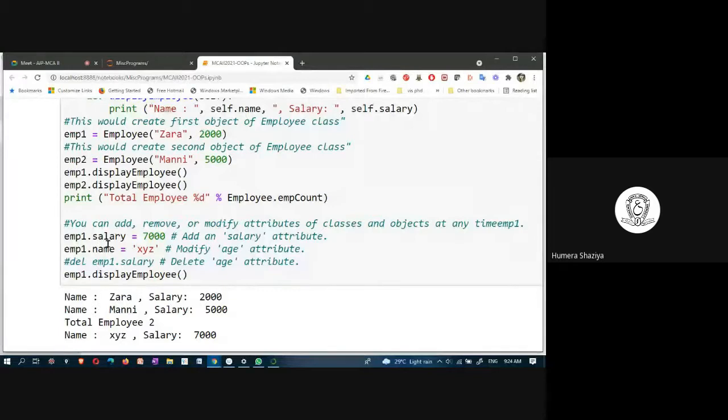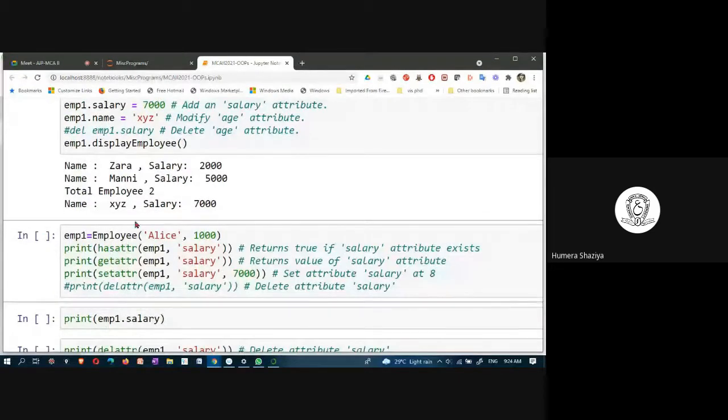Later, emp1 salary and name have been updated, or they got modified. After modification, when we print display employees again, we get the modified name and salary. Earlier name and modified name, you see, they are different. Earlier salary and modified salary are also different.